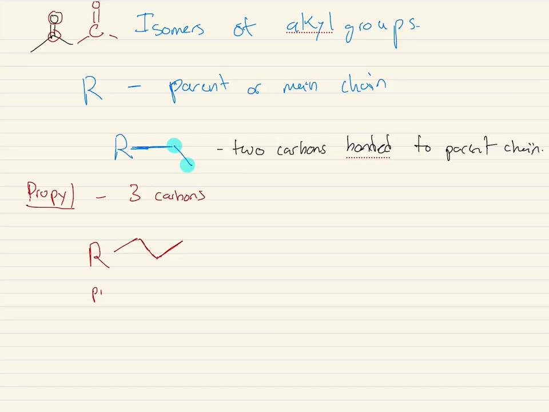This is a propyl group. All right, so these are the 3 carbons on the propyl group. If we have another one coming out here, this is an isomer of the propyl group.